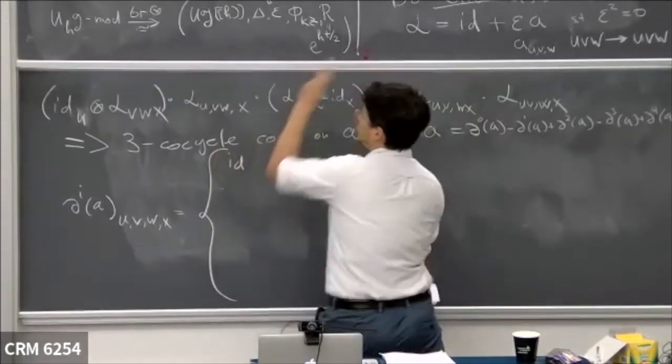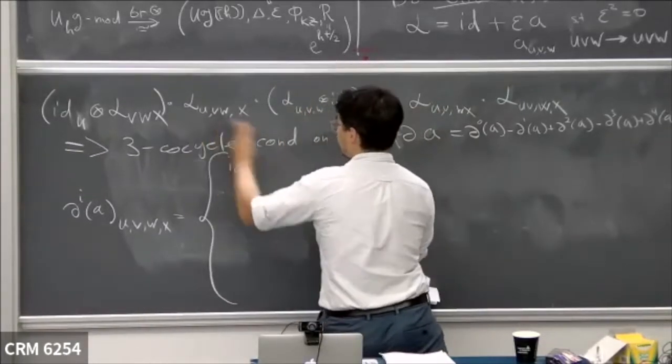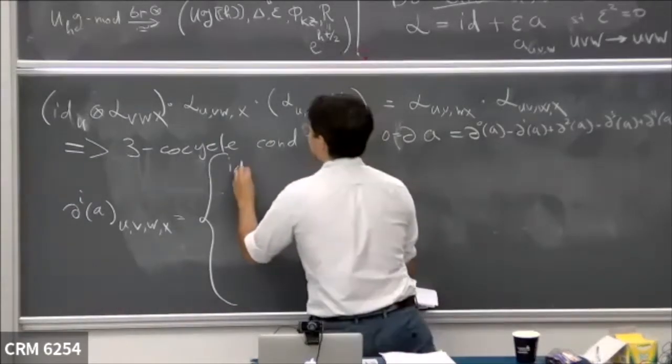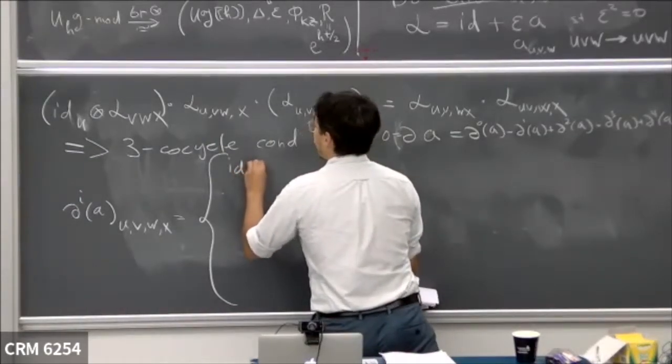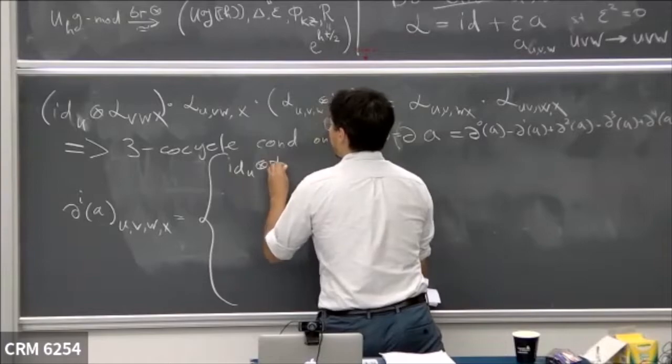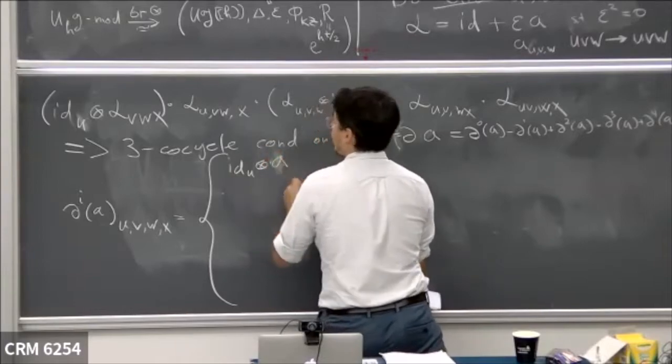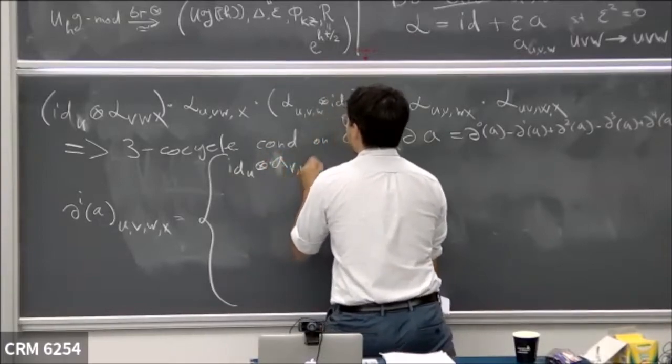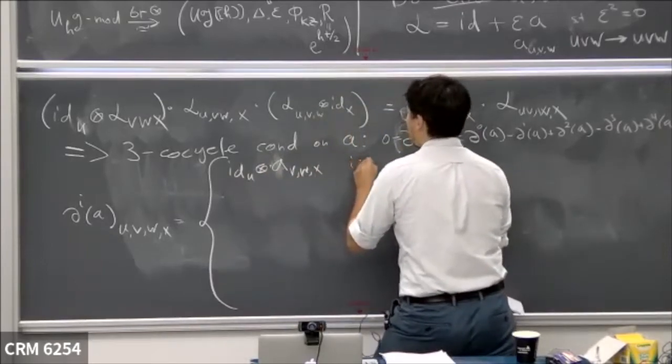So if you plug in, you will see that all these terms I'm going to write appear. The identity on U tensor, and you apply your A on V, W, and X. So this is for i equals 0.